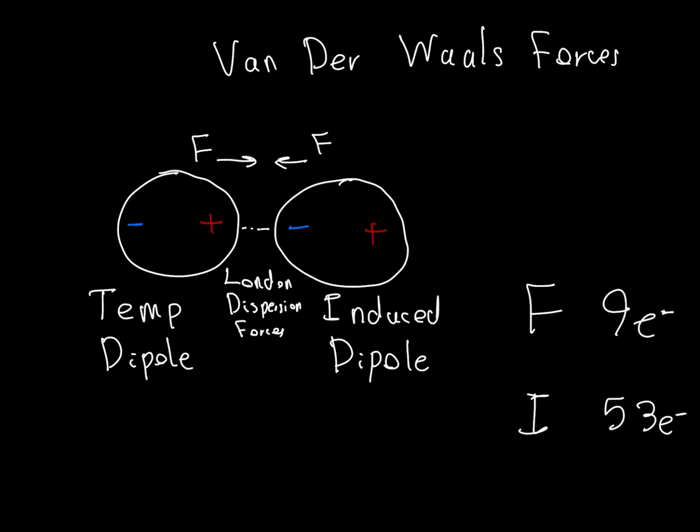The answer is that iodine is going to be more easily polarizable. So the more electrons an atom has, the more easily it can be polarized, and therefore the stronger the London dispersion forces are.